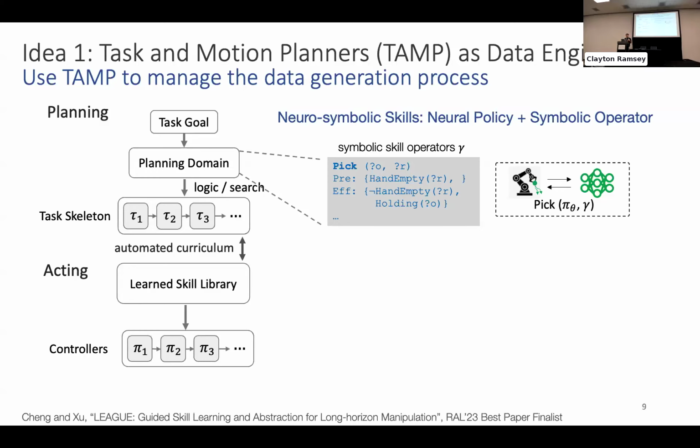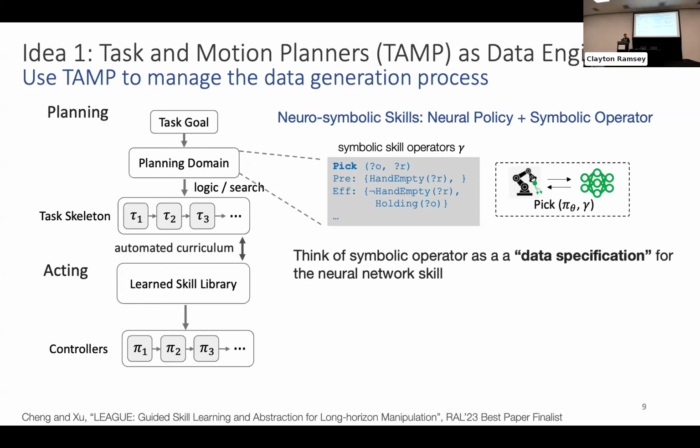And our idea is to conceptualize skills within the library as neuro-symbolic skills. Each skill combines symbolic operators, like shown here, with the underlying neural policy pi theta, which is what we need to learn. And the point is that the operator doesn't just name the skill, right? It provides a specification for the data we need to learn it. It will write down what exactly we need to do to learn this skill, like what kind of data to achieve.